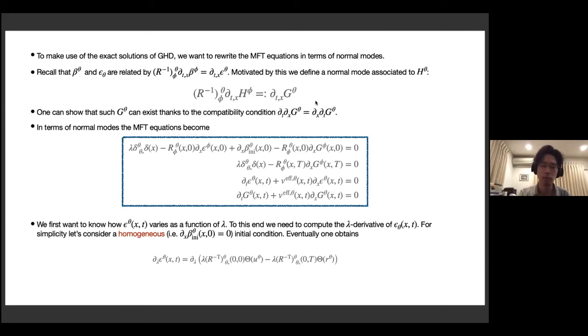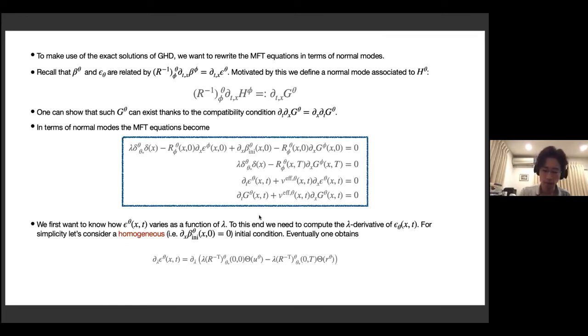So motivated by this, you can also define a new variable g in this way. A priori, it's not obvious if such a g could exist at all, but thanks to this kind of compatibility condition that is satisfied in integrable systems, you can have this kind of g sensibly. So combining this, you can write down a new set of MFT equations in terms of normal modes. And this is now easier to handle.